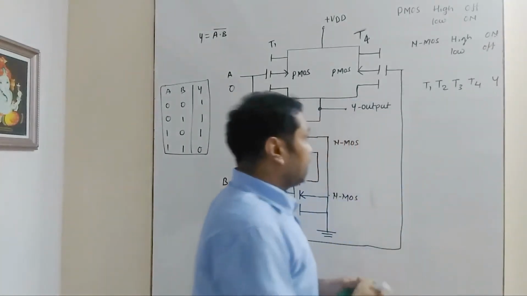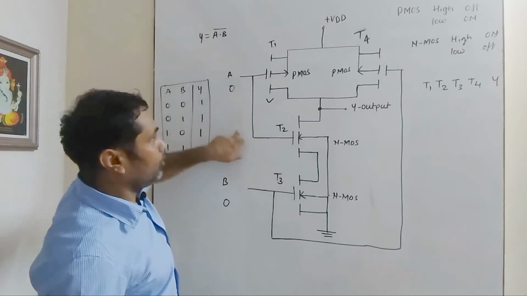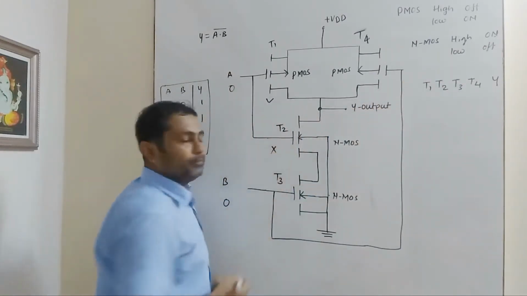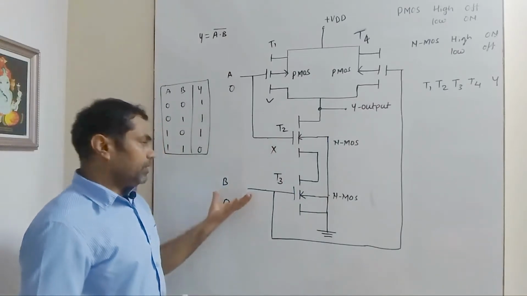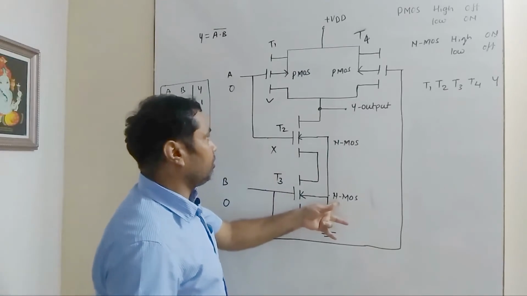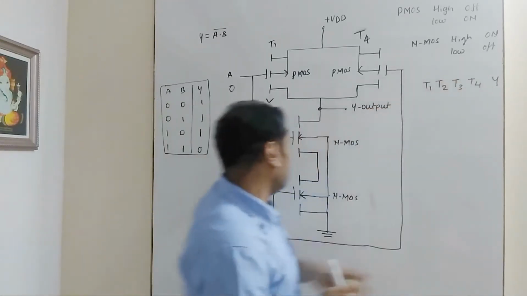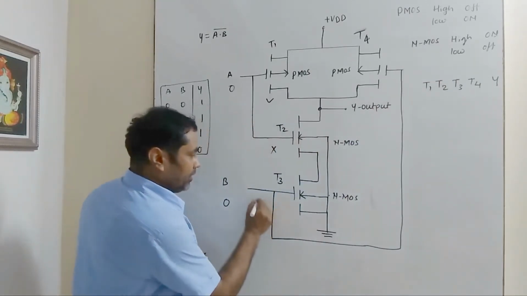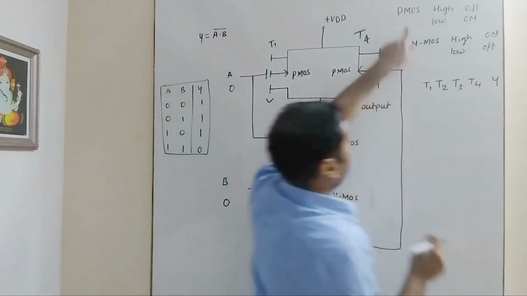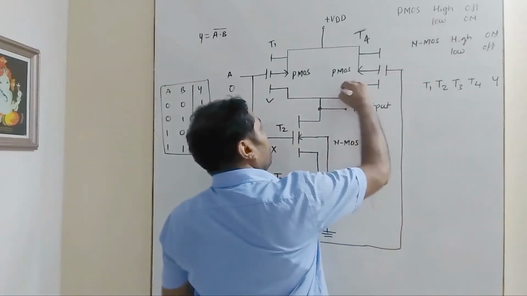So here the NMOS gate is connected to low, so T2 will be off. For input B connected to T3, which is an NMOS, with low as the input, the device will be off. So T3 will be off. The same 0 is connected to the PMOS, and a PMOS connected to low will be on. So here this PMOS will be on.